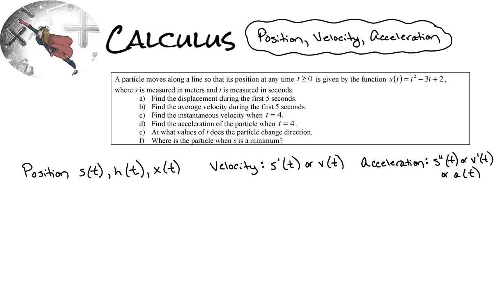Now, part A of this problem is asking for displacement. I'm going to write these notes in common sense terms, not with mathematical formulas that you would find in a math book. So displacement is going to be the ending position minus the starting position.